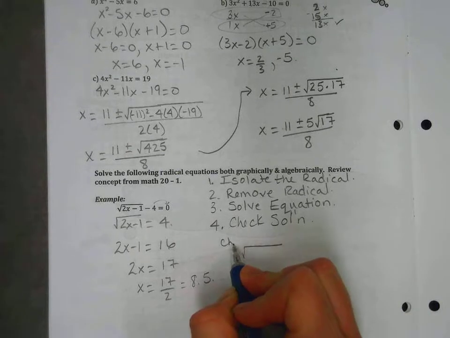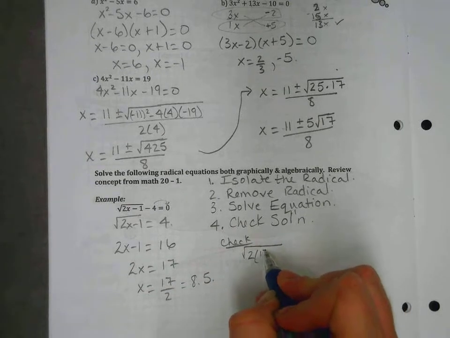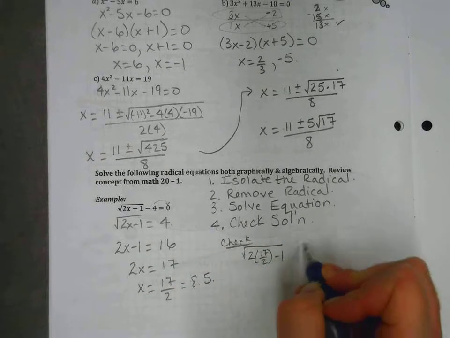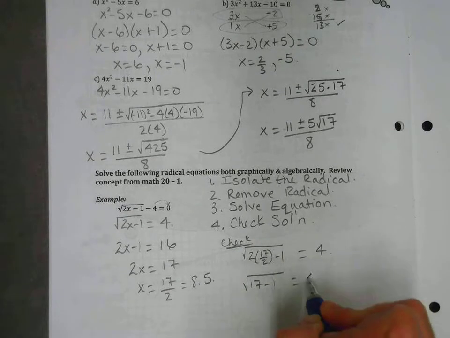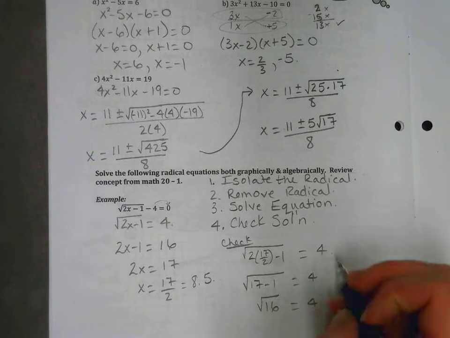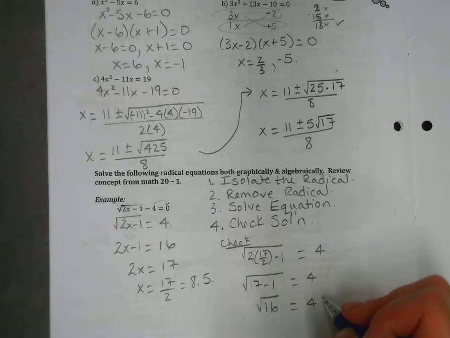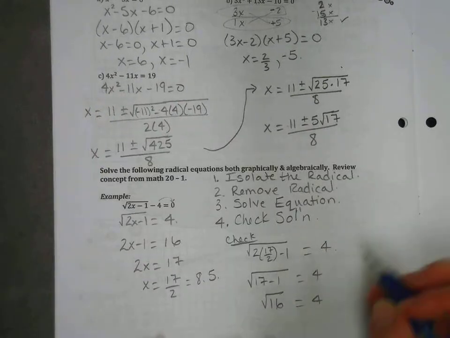But if we checked algebraically, 2 times the 17 over 2 minus 1 should equate to 4. This ends up to be just 17 minus 1, which is 16. And I know the square root of 16 is definitely equal to 4.